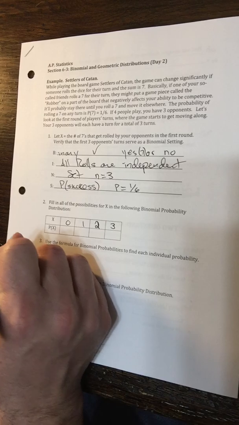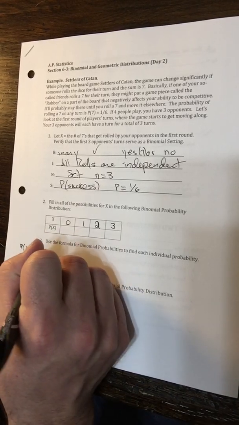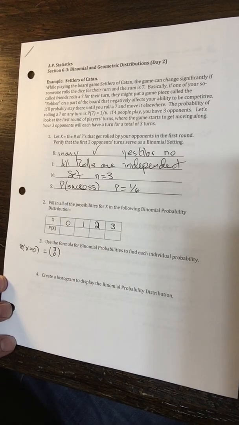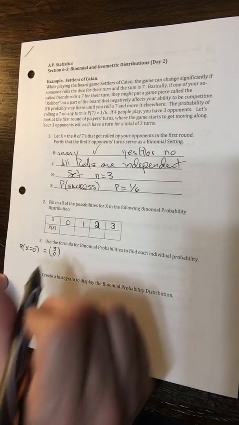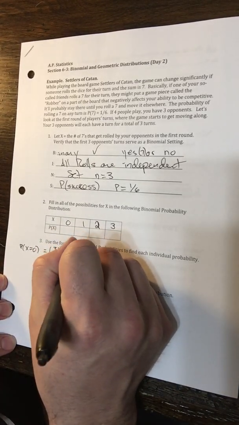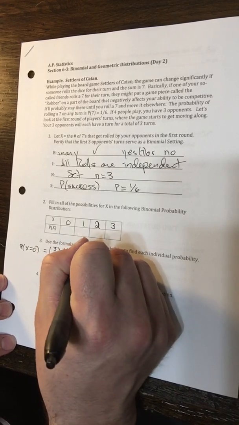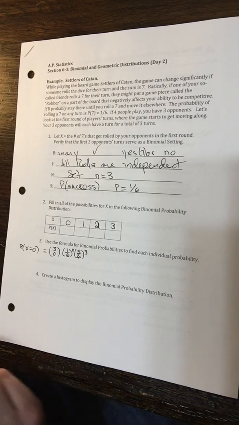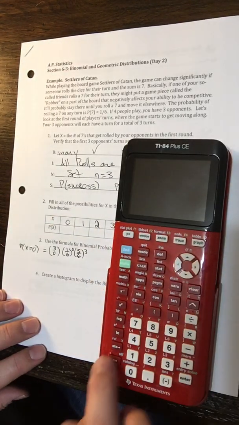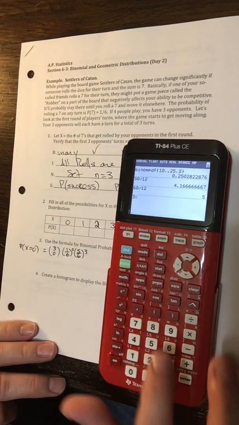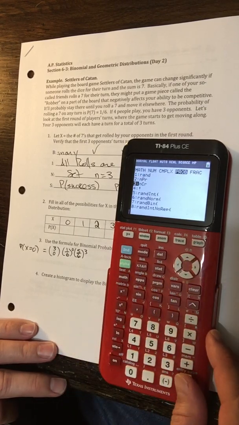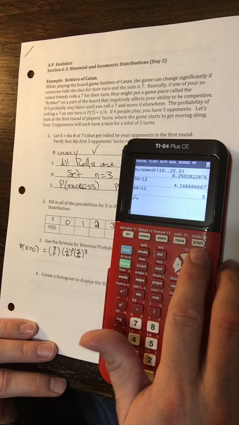Okay, the probability that X is equal to 0 is going to be 3 rolls choose 0 successes. It'll be 1/6 to the 0 and then 5/6 to the 3. I can put it in the calculator like this. I can go 3, math, probability, choose, 0.